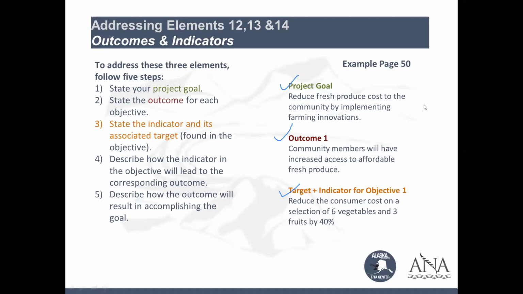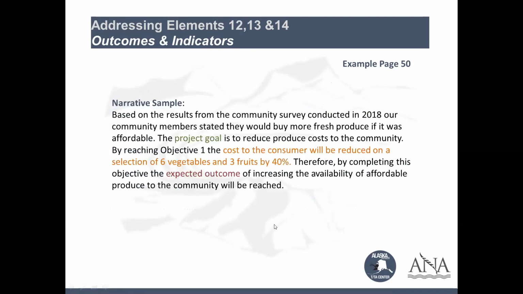Then go on to describe how the indicator in the objective will lead to that outcome and how the outcome will result in accomplishing the goal. And you'll want to do that in paragraph form. So here again, we have color-coded this from the previous slide to help you work through that.